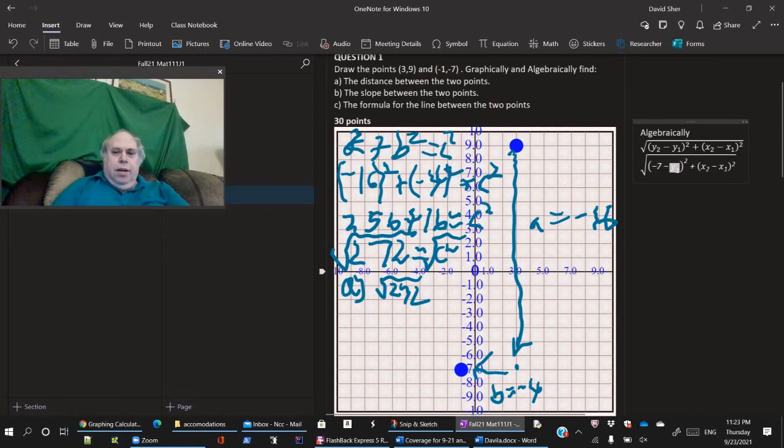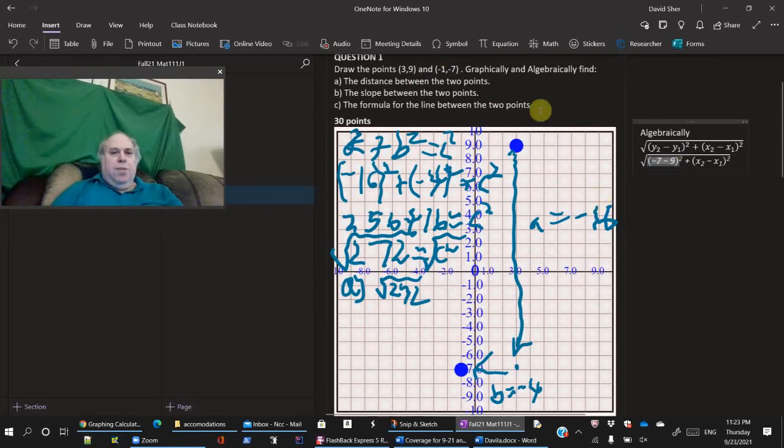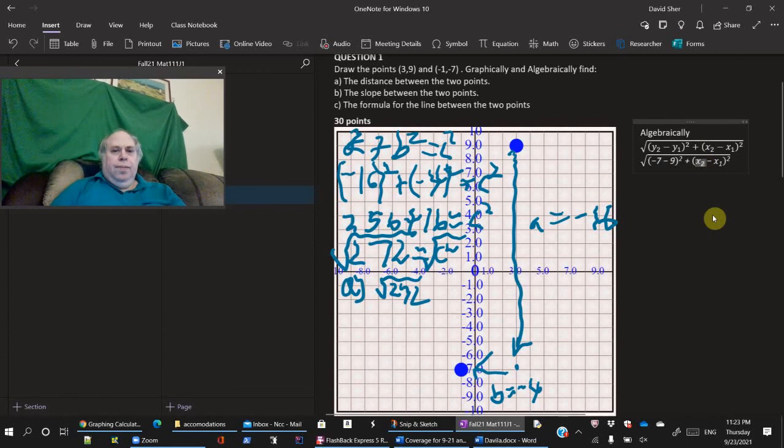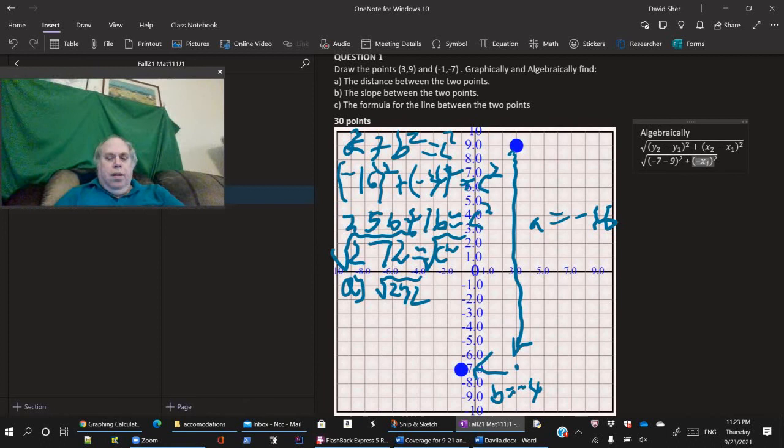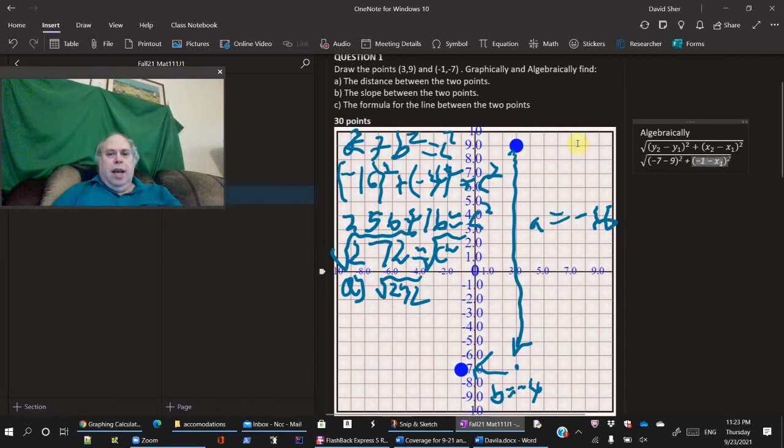So it becomes -7 minus 9. Then x2 is -1, and x1 is 3, because I'm just pulling it right out of the points.